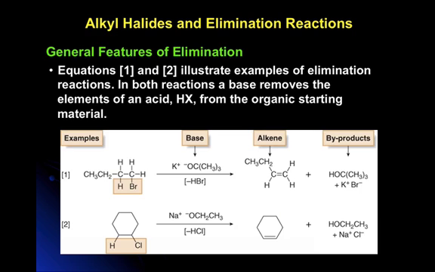How about here? What do we have? I have a secondary alkyl halide. What can secondary alkyl halides do? They can do SN1 or SN2, right? But do they do SN2 as well as primary? No. So what can you tell me about the base that they chose here to do this reaction?